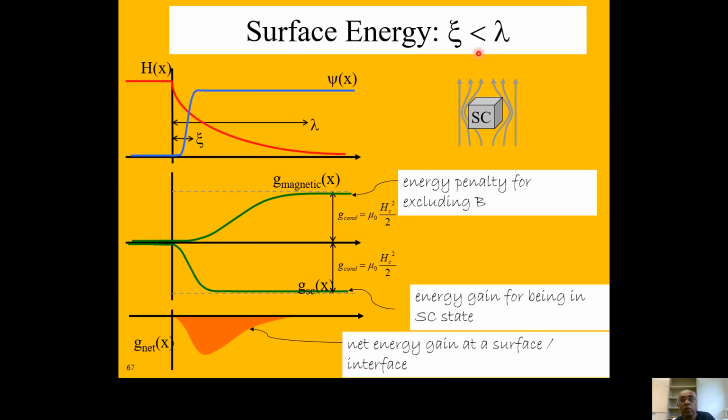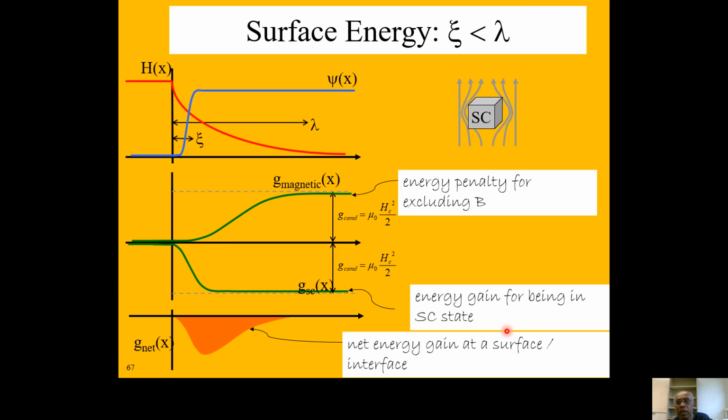But in the situation where xi is less than lambda, the magnetic field is happening at a longer length scale, so you have this curve because that is longer, but this superconducting energy gain happens at a shorter scale, right? Now you can see this one has much higher area compared to this one. If you take the difference, this one has a net energy gain, a net energy gain at the surface.